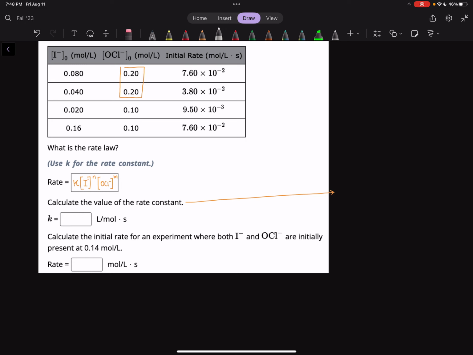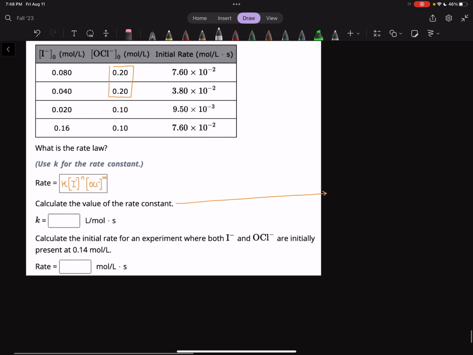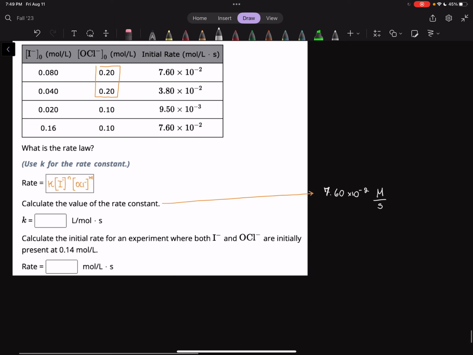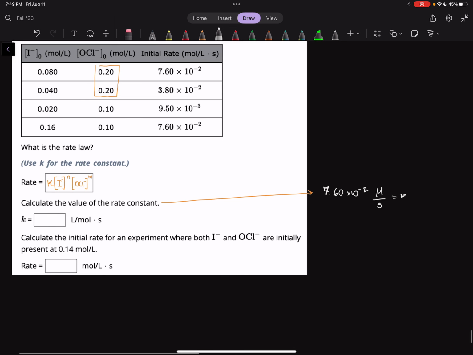We'll see. Okay, so let's see. We can say 7.60 times 10 to the negative 2 M over s, molarity over seconds, is going to be equal to k times the concentration of OCl minus cancels. So we're just going to say it's going to be equal to 0.080 molarity.